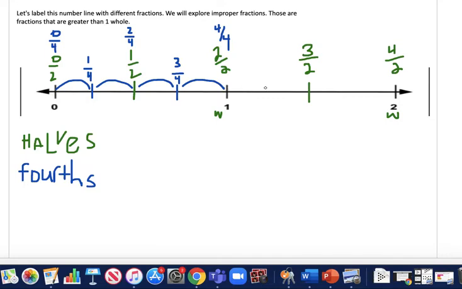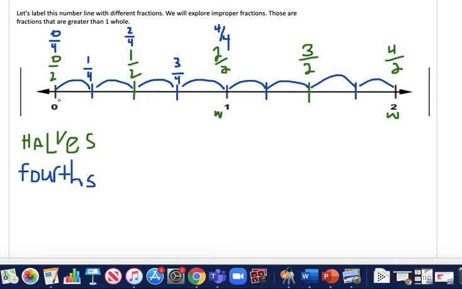Now, I see that between one whole and two wholes, there's 2 equal parts. I'm going to partition those in half. So now I have 4 equal parts from one whole to 2 wholes. 1, 2, 3, and 4.